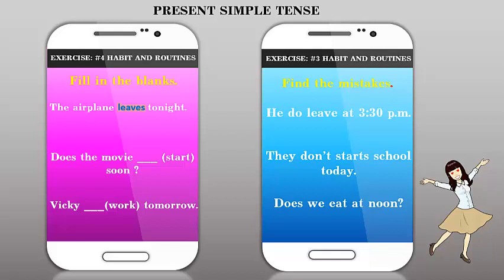When we're asking a question, we use does. Now all we have to do is use the verb in its base form. So the answer is does the movie start soon? We do not add an s or es here.